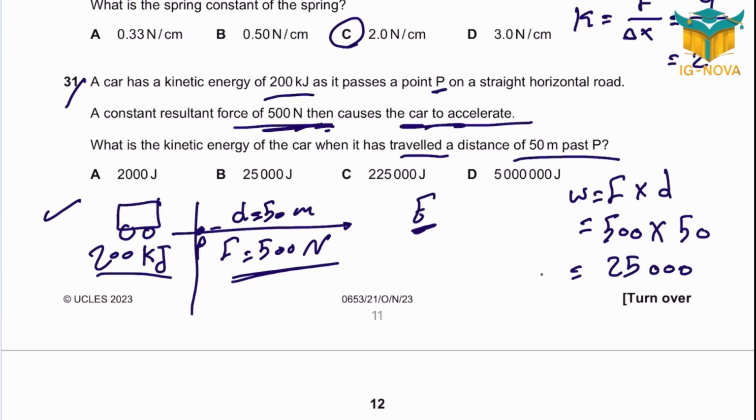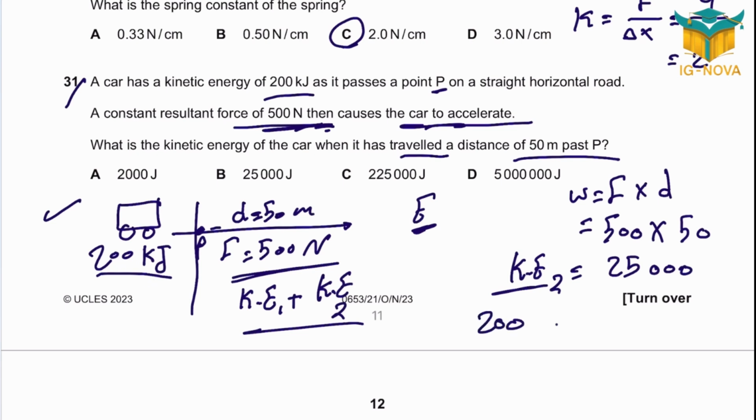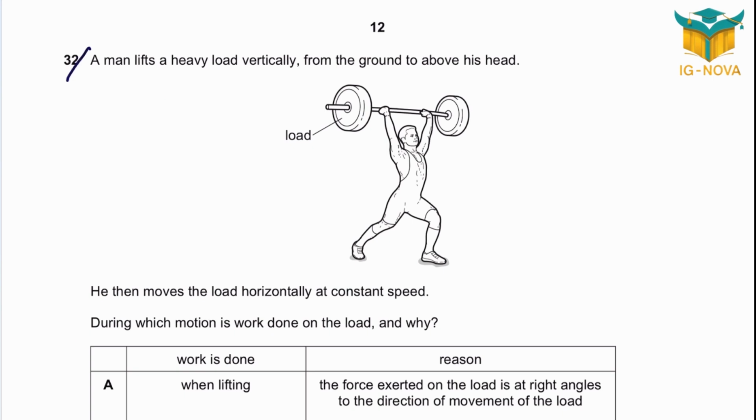This is the second kinetic energy gained. Then you're going to add KE1, kinetic energy before P, plus kinetic energy after P. 200 kilojoule. So don't forget this kilo, it's 200,000. And by addition, it will be 225,000 joule. Easy.